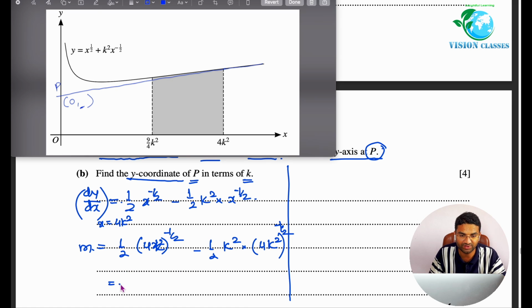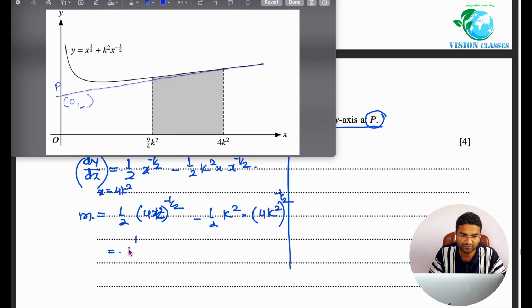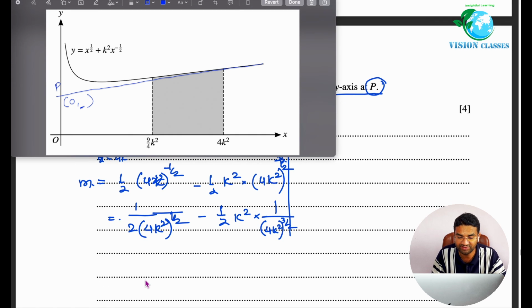If you simplify this one, 4k square raised to negative 1 by 2 means it's just 1 upon 2 times the square root of 4k square, minus 1 upon 2 k square times 1 upon 4k square raised to 3 by 2.